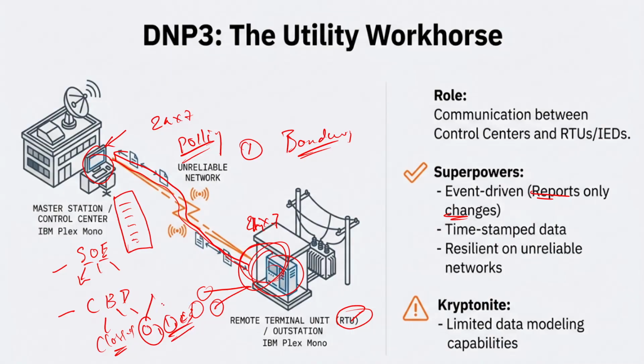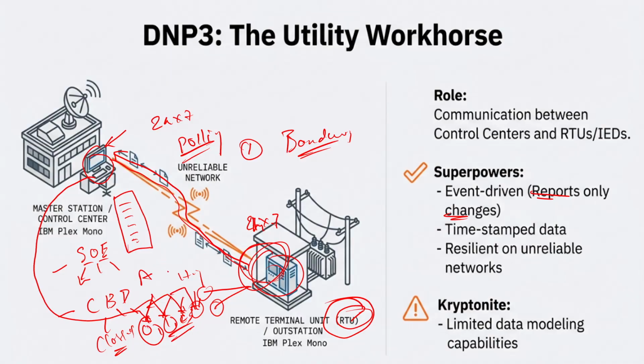So when you set these classes, for example 3 is very high and 2 is a little lower compared to 3, and so on, correct? When you set these parameters, whenever changes happen in the field devices, the master unit, based on the protocol, will check the class based data and trigger the alarm.